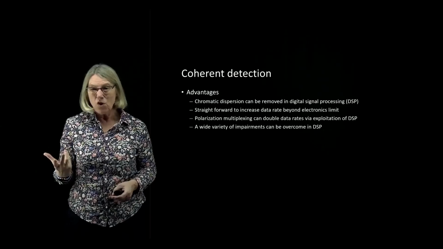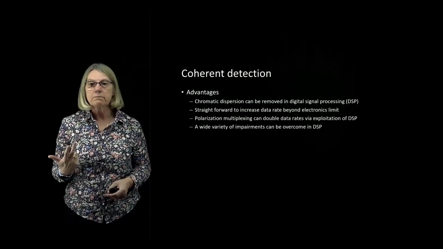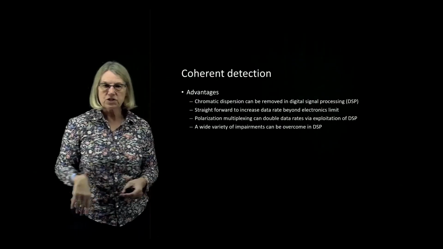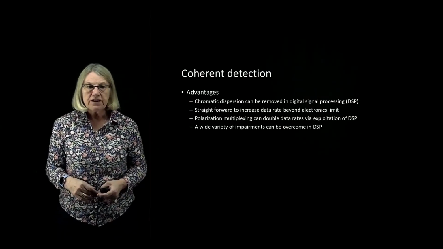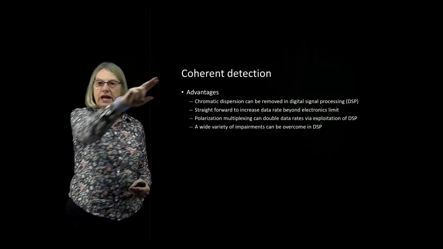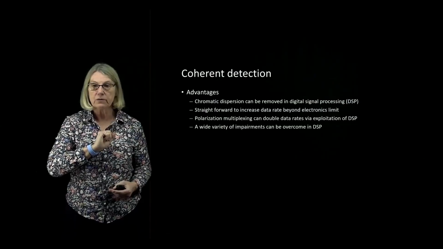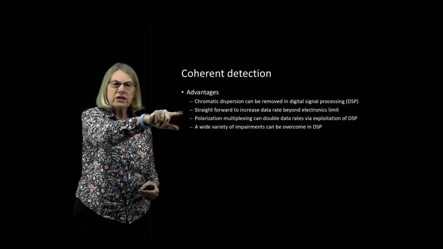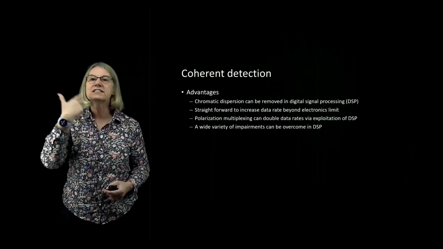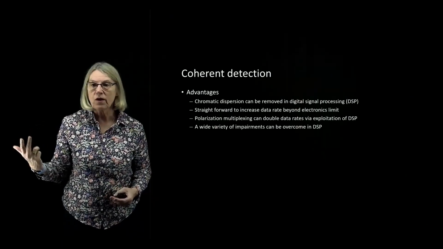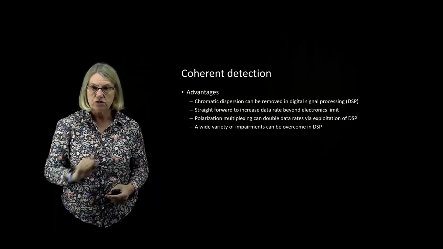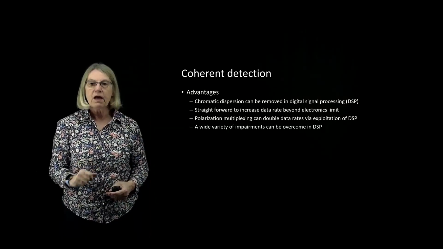It's non-zero complexity, but it's much less complex than any of the other optical solutions to get around chromatic dispersion. It's very straightforward when I use coherent detection, in particular when I use amplitude and phase for modulation, to increase the data rate beyond this electronics speed limit. So that's a great advantage, a great motivation for going to coherent detection.